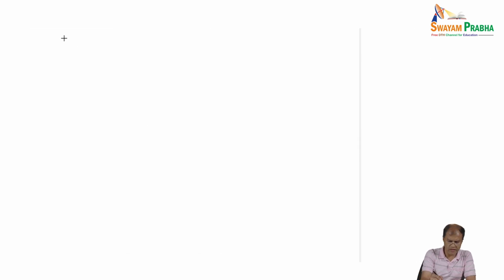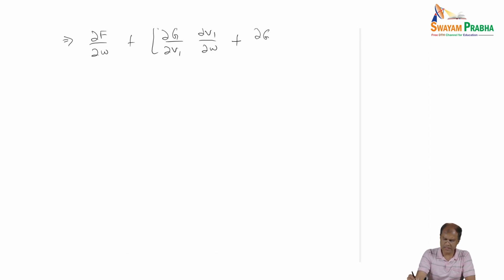So what is it? We see that partial f partial w plus partial g partial v1 times partial v1 partial w plus partial g partial v2 times partial v2 partial w. We are now differentiating everything with respect to w, plus partial g partial w. Now this is equal to the right hand side, u1 partial v1 partial w plus u2 partial v2 partial w, right?